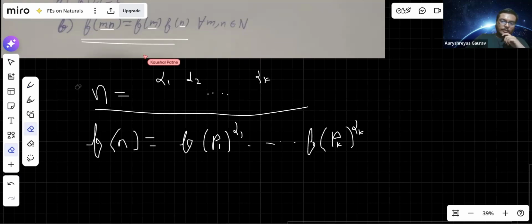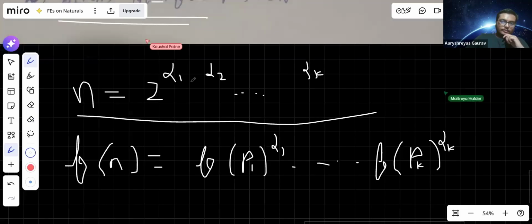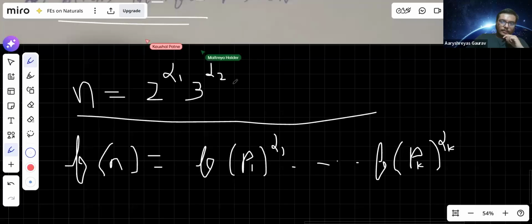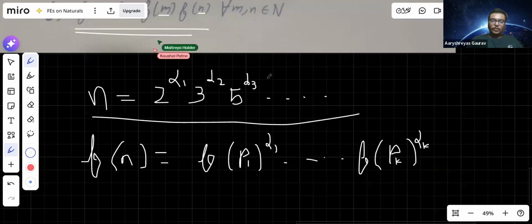Just to give a better picture, I can do this. 3, then it would be 5 to the power alpha 3, dot dot dot. And these alphas are any whole numbers.